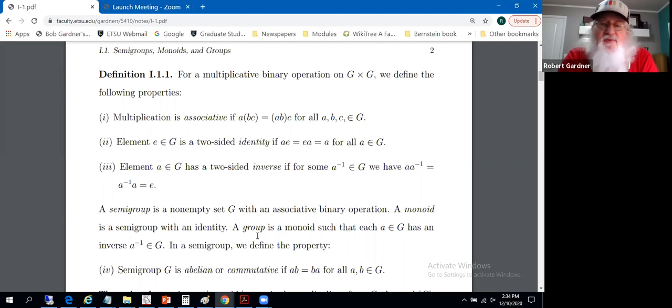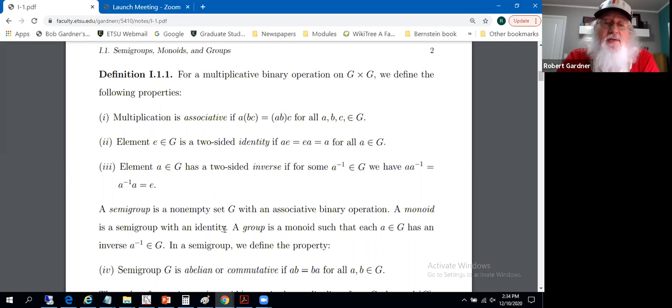We'll see a few examples of semigroups and monoids, but just to draw some distinction between these, you're familiar with monoids from linear algebra. When you consider n by n matrices under multiplication, say the entries are real, so square matrices all of the same dimensions, they form a monoid under multiplication.